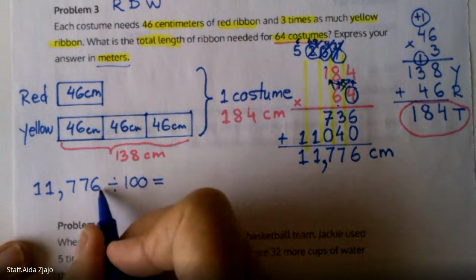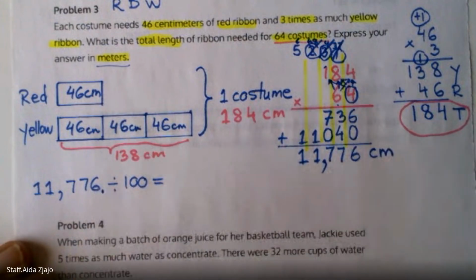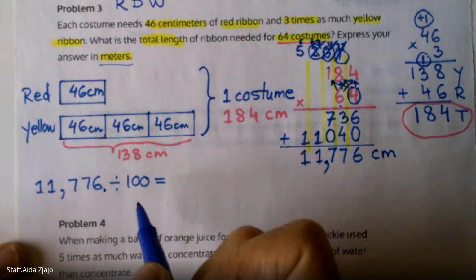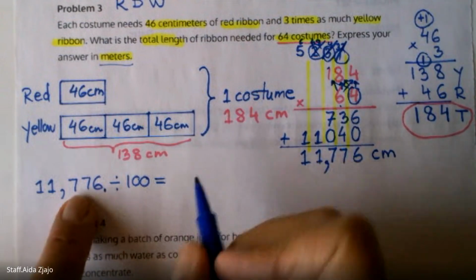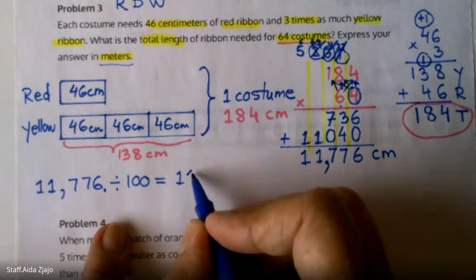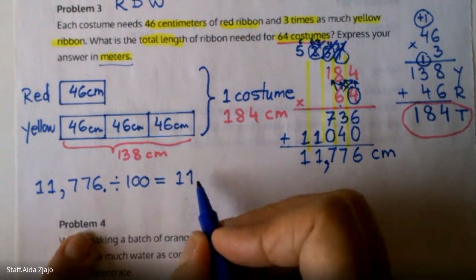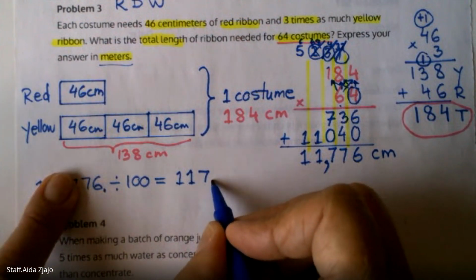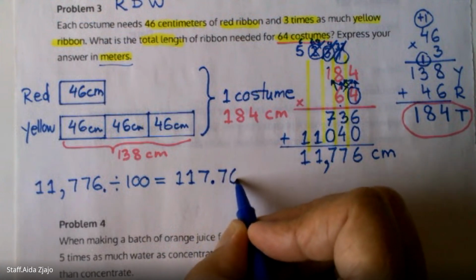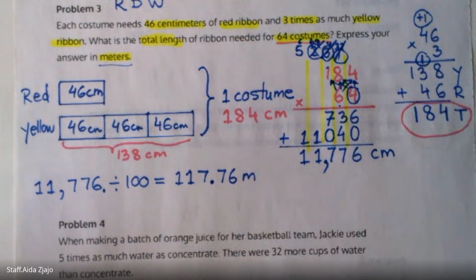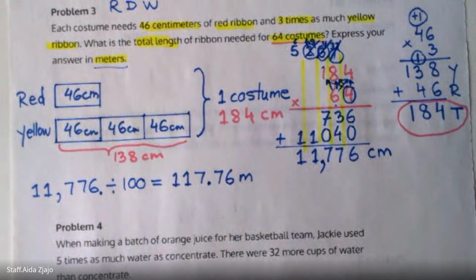If you think the decimal is right here, then this number will get 100 times smaller. So it's going to be 117, and then decimal point 76. All right. So this is how many meters of ribbon they will need.